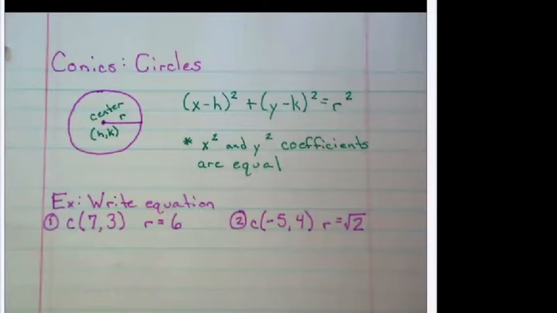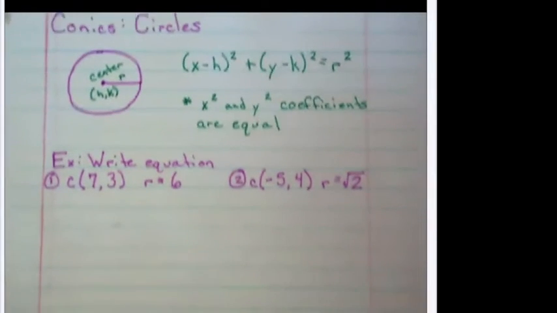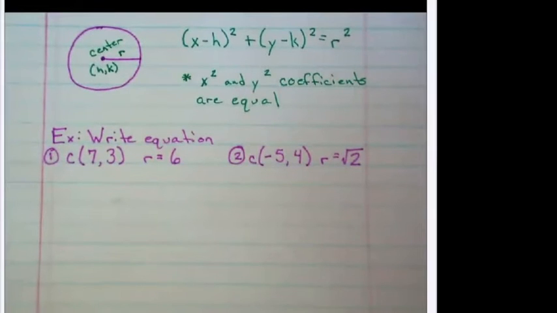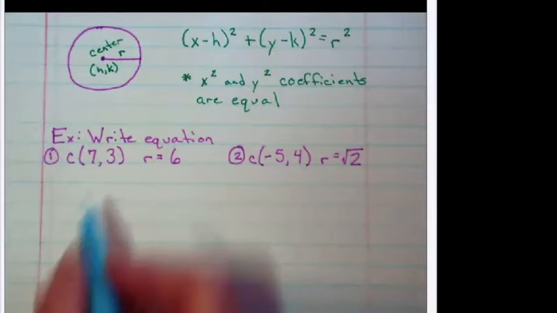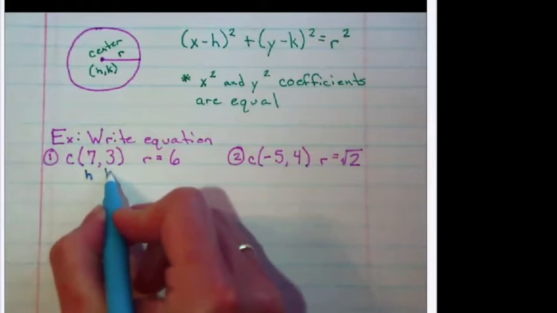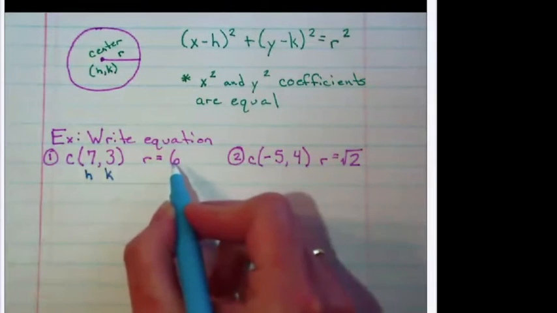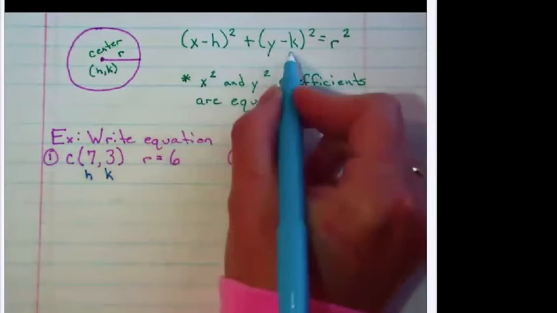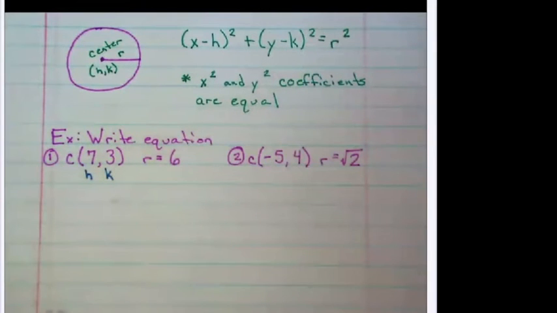So what if we wanted to try a couple of these? We're going to write the equations for these 2. So remember, this is h, this is k, and this is r. So we just need to be able to plug h, k, and r into that equation, and then we've got the equation of a circle.